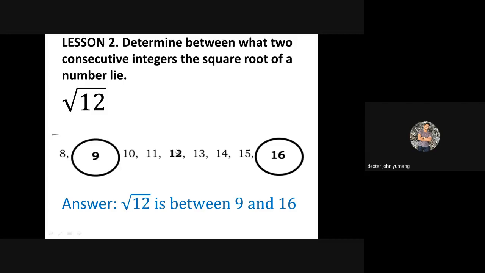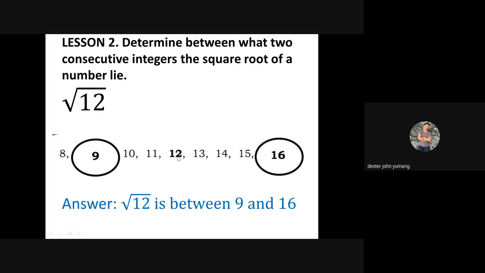So, basta yan. Yan o, 12. Ano yung mga number na before ng 12? 11, 10, 9, 8. Next, ano yung number above ng 12? 13, 14, 15, 16. Saan natin ikuha si 12? Yun sa given, square root of 12. So, i-list out po ninyo yung number na before ng 12 at saka above ng 12.